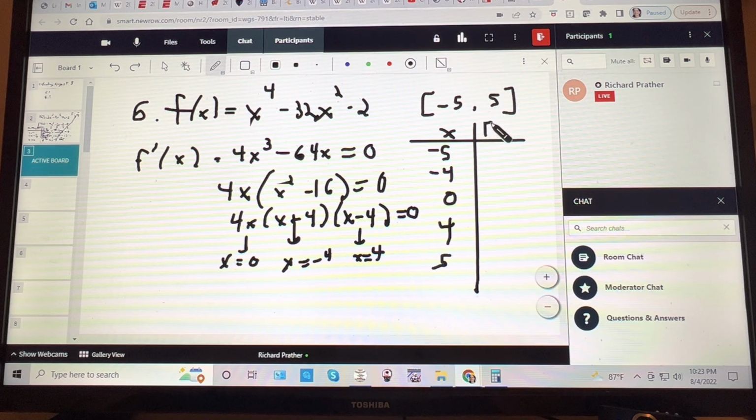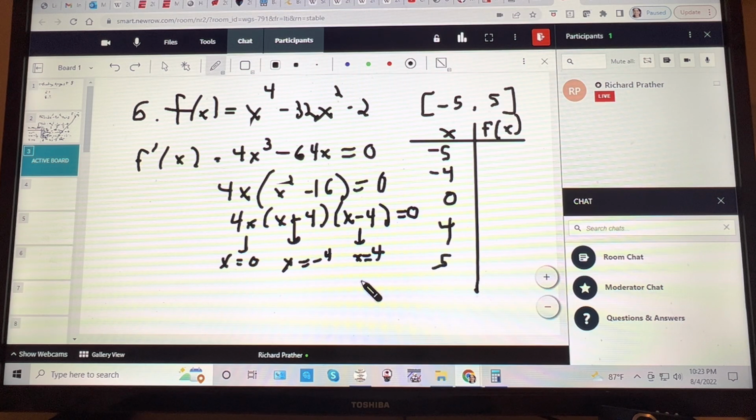So we have 5 calculations to do into the original function, and we're guaranteed to get at least one highest and lowest in here. Now, suppose they were all the same thing, that would only happen if you had a horizontal line. But they're going to be different values.